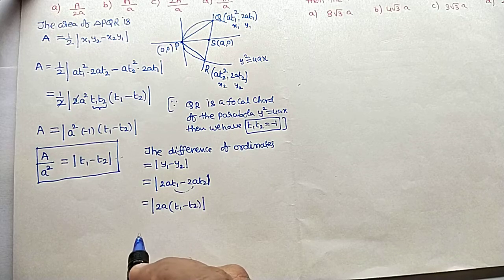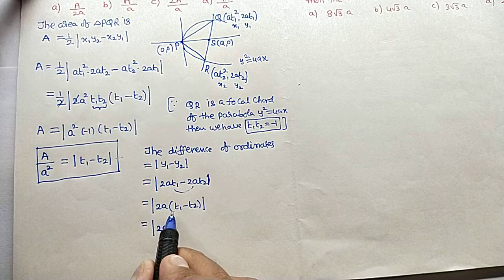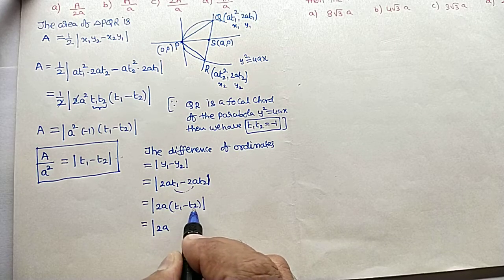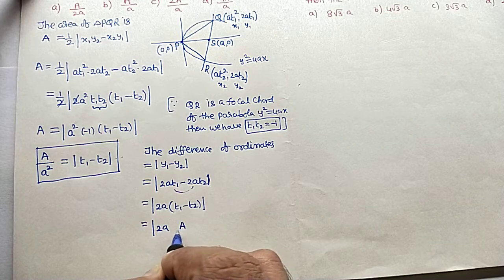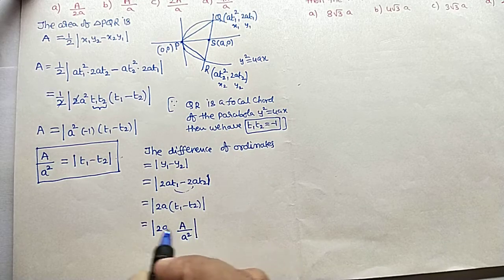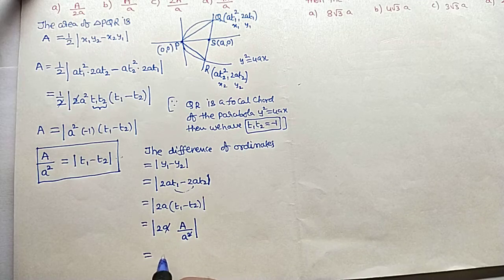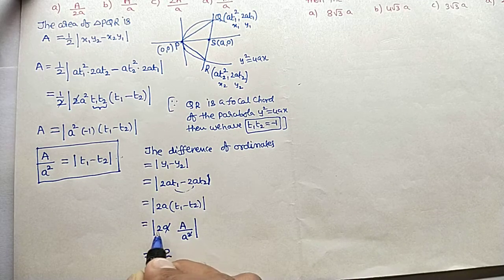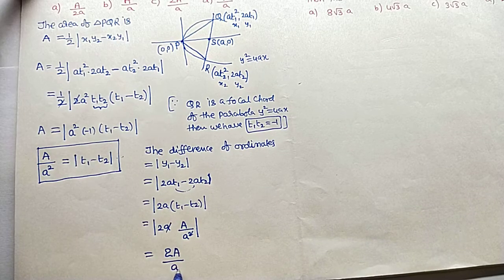So anyway, 2a is constant, which is equal to mod 2a. What is the value of t1 minus t2? Here we have already. So capital A divided by a square from this box value. So here one of the a cancels, which is equal to, anyway, positive 2 into mod A divided by a.